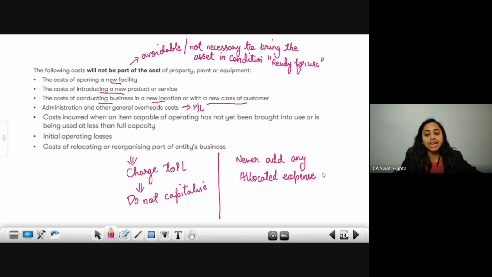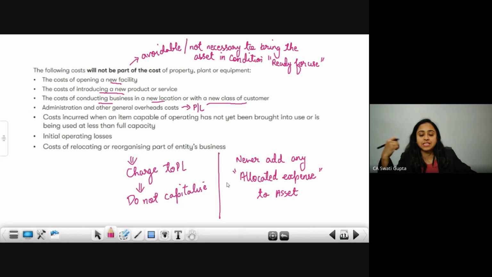Never add any allocated expense to asset. Always actual expenses will be added, allocated expenses will not be added. There are questions which tell you a list of expenses and the expenses include any allocated expenses. Then allocated expenses will be ignored, will not be capitalized, will not be added to the cost of the asset.